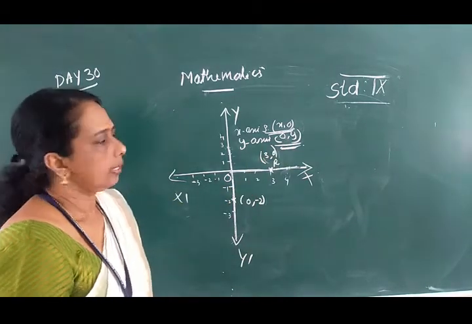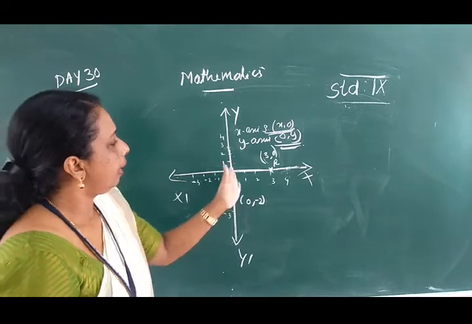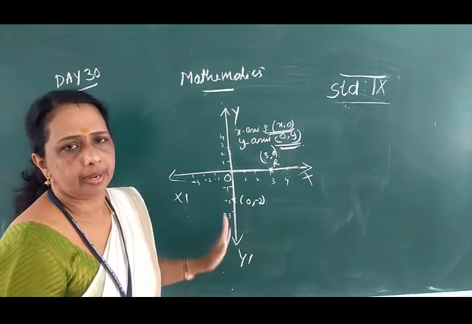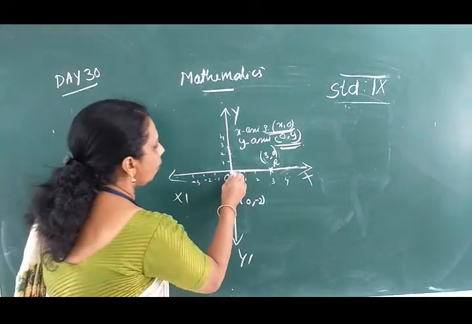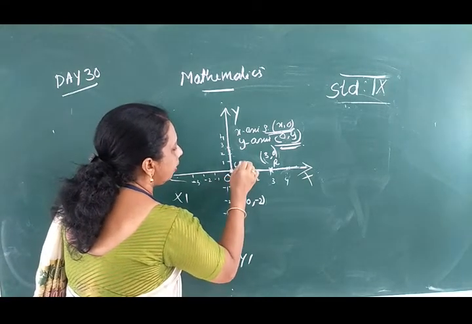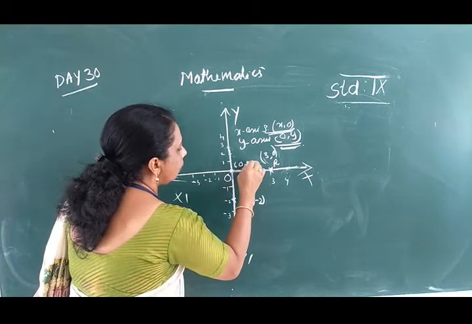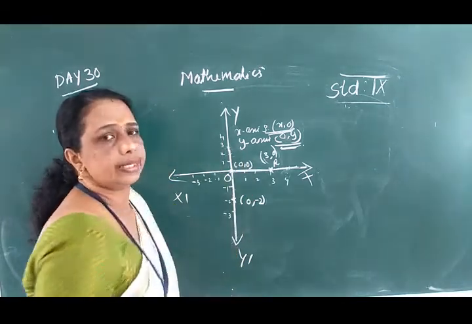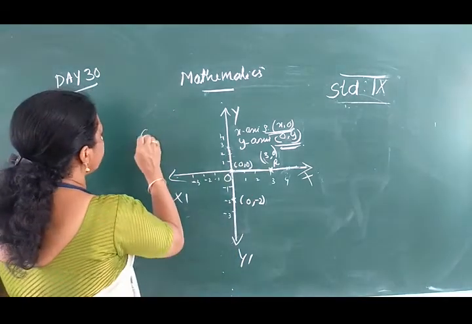These are the general forms of a point on the x-axis and y-axis. Then, do you know the coordinates of the origin? The origin is here. That is 0, 0. (0, 0) are the coordinates of the origin.